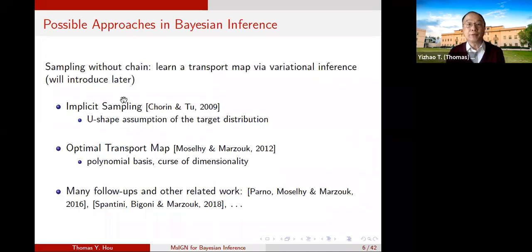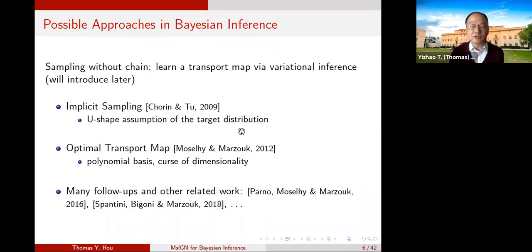So there was another approach that does sampling without a chain, using a transport map, using variational inference. I think this approach can go back all the way to maybe the early work of Alexandre Chorin in 2009. He introduced so-called implicit sampling.